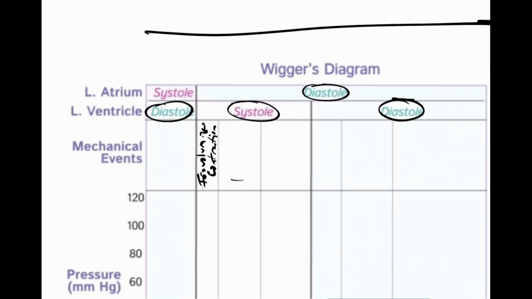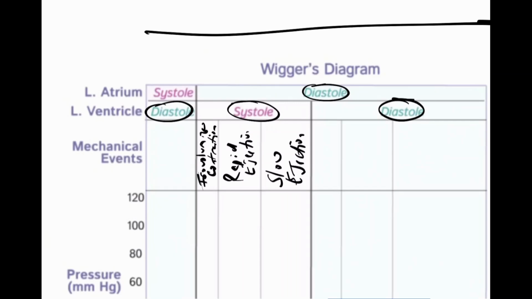Then we have rapid ejection, and we have slow ejection. So first thing that's happened, isovolumic contraction. Then we have rapid ejection of blood. Then it slows down a little bit. Then we are now in ventricular diastole. What's the first thing that happens during ventricular diastole?